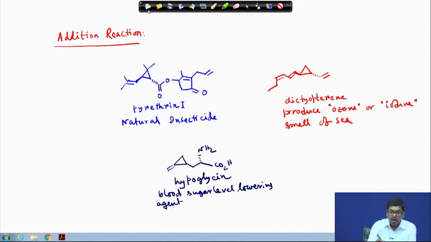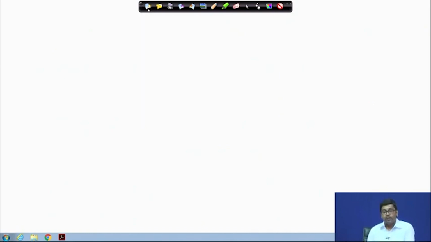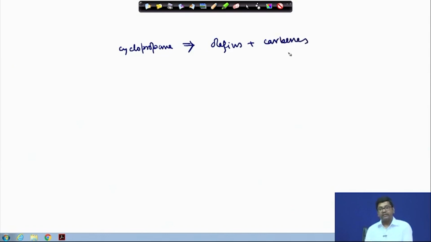Now, how can we synthesize this type of cyclopropane ring? Through carbene. Okay. So, if we see its retrosynthesis, we can generate it from olefins plus carbenes, which can give the cyclopropane ring.